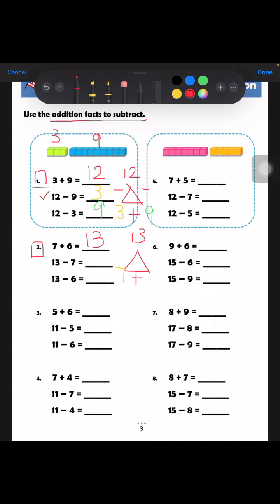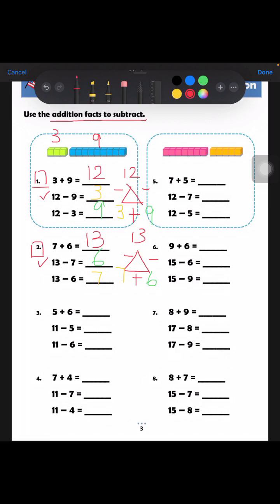So 7 plus 6 equals to 13. So now we need to find 13 minus 7. Okay, in the fact family, we know that 13 minus 7 equals to 6. How about 13 minus 6? Yes, 13 minus 6 equals to 7.